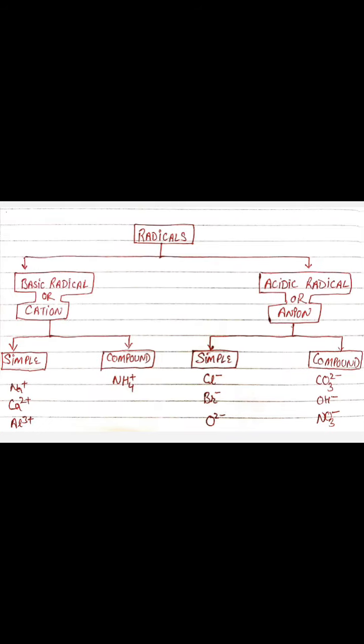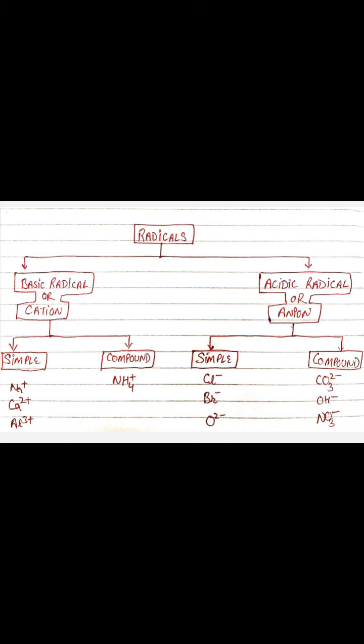Radicals can further be divided into two parts. One is the basic radical, also called cation, and the second is the acidic radical, also called anion. Cations or basic radicals are always positive.